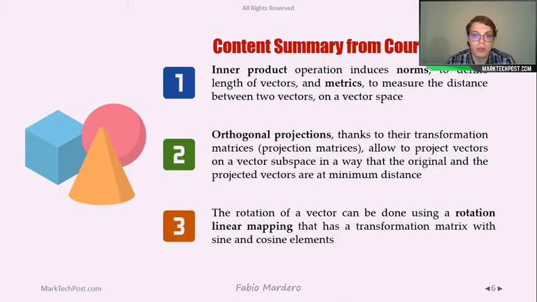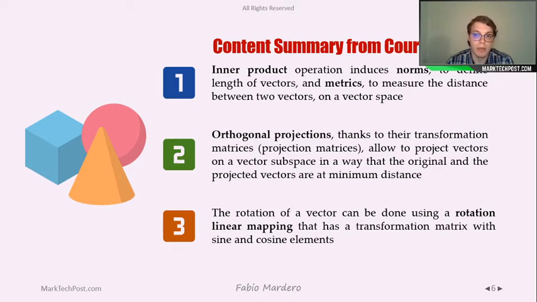Through the inner product, we also saw how to characterize orthogonal projections, and thanks to these transformation matrices, the projection matrices, the orthogonal projections allow us to project vectors onto a vector subspace in a way that the original and the projected vectors are at minimum distance.